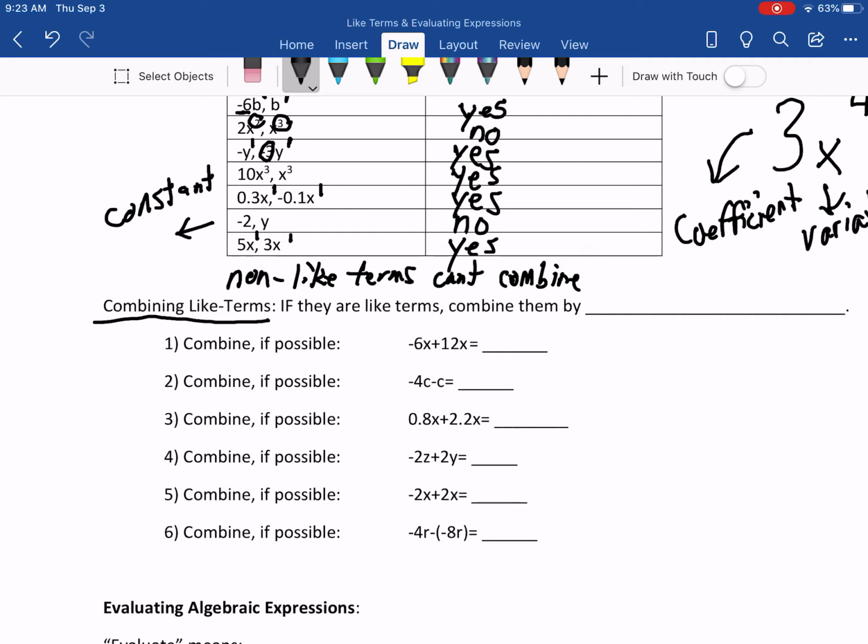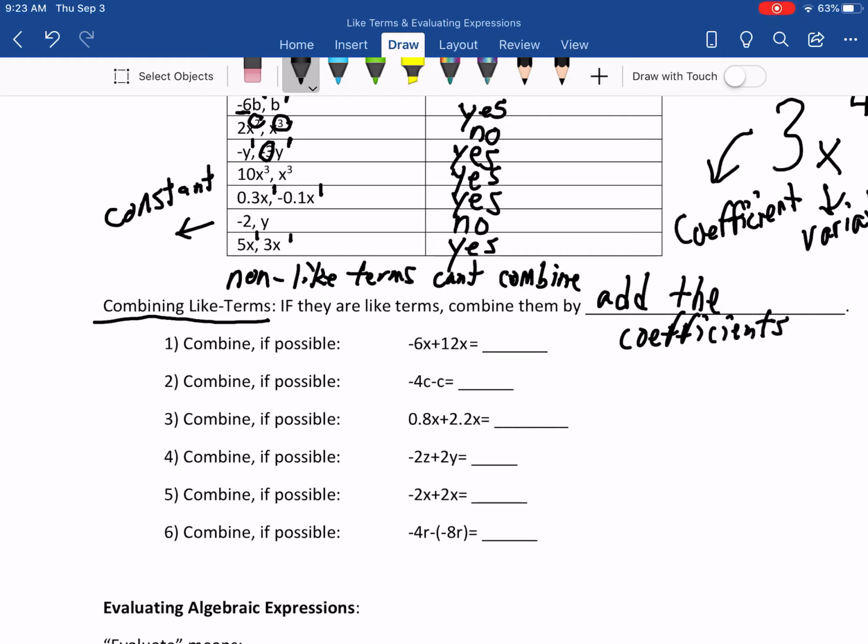If they are like terms, like by doing what we did above, we're going to combine them by adding the coefficients. And coefficient, again, going back, we said the 3 was the coefficient, so the coefficient is the number in front.